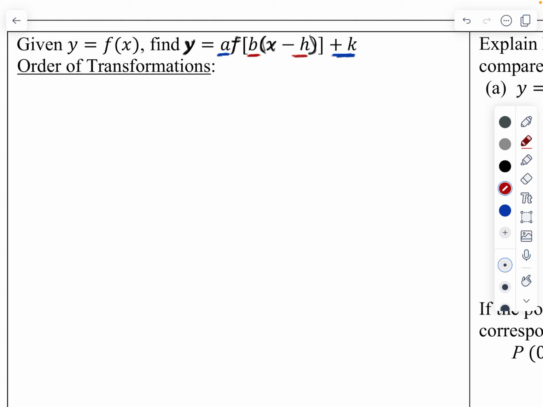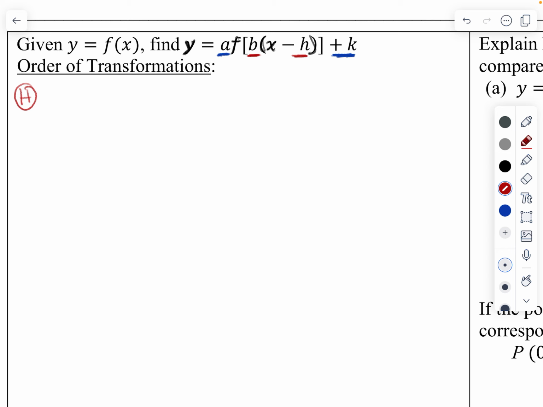So we're going to start with b and h, which are your horizontal transformations, because we're going to affect the graph horizontally with the x component, and then affect the graph vertically with the y component.